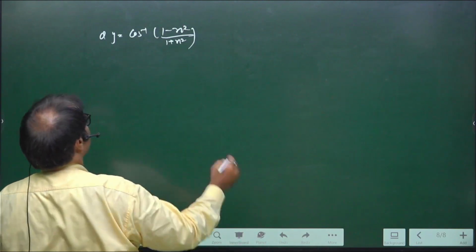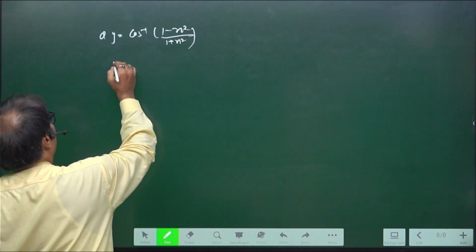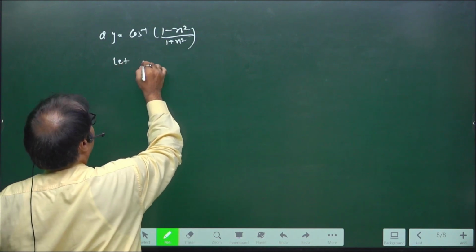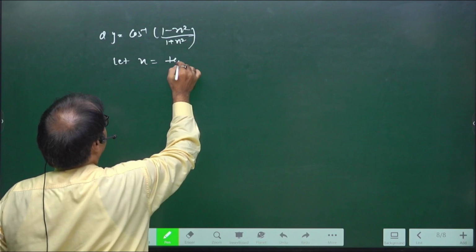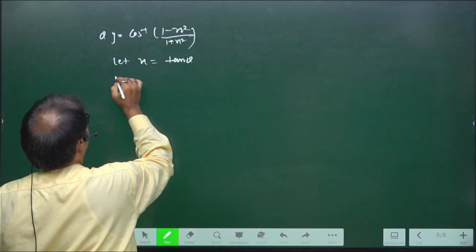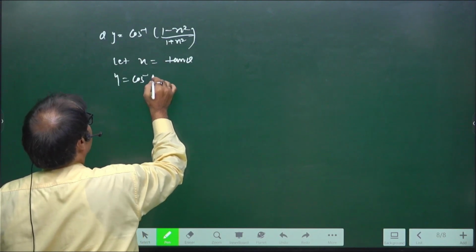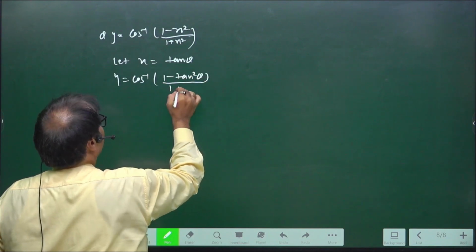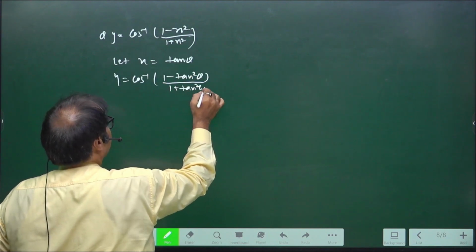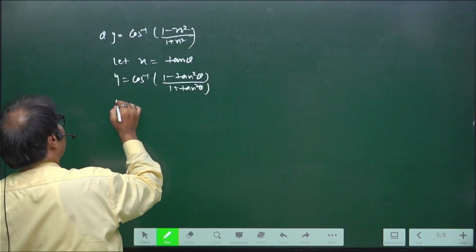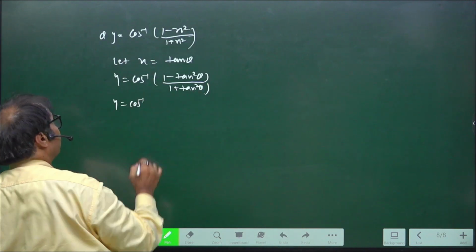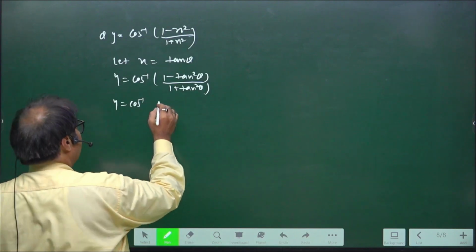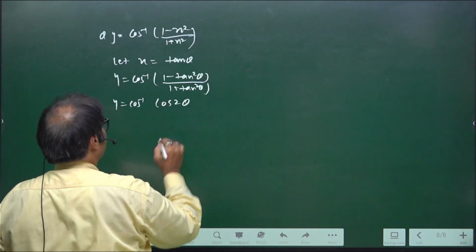So in this case, let x is equal to tan theta, so y is equal to cos inverse of 1 minus tan square theta upon 1 plus tan square theta, that is equal to cos 2 theta.